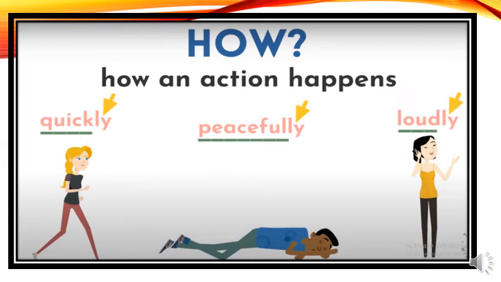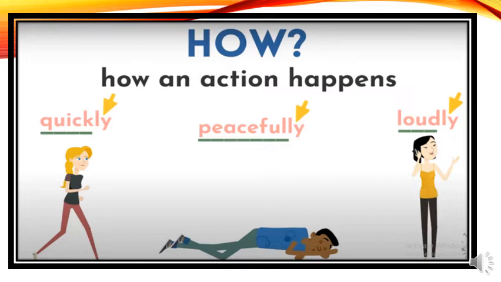Let's have a look at some different types of adverbs and learn how we use them. Many adverbs describe verbs by telling how an action happens, like running quickly, sleeping peacefully, and talking loudly. Did you notice something about these three adverbs? Yes, you are right. At the end of these words, ly is added.